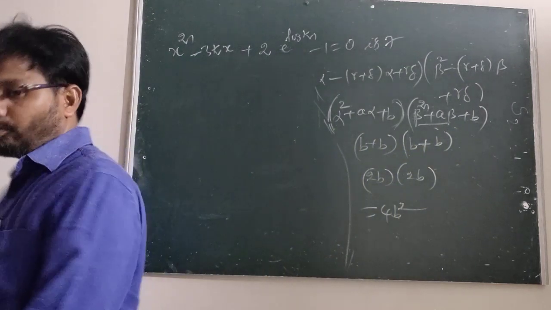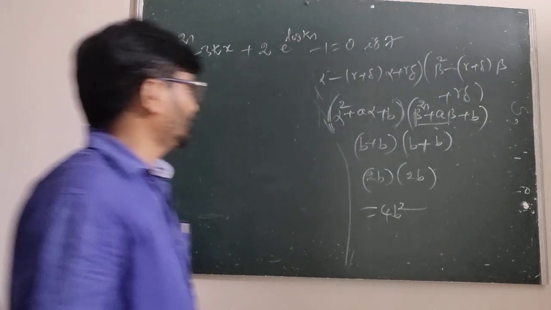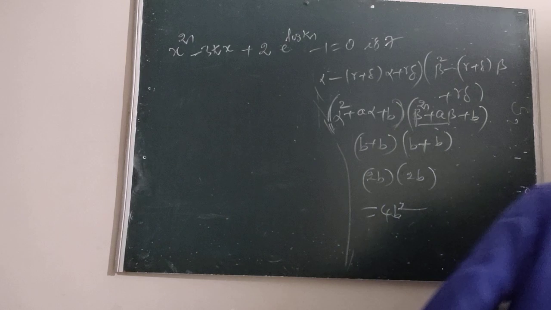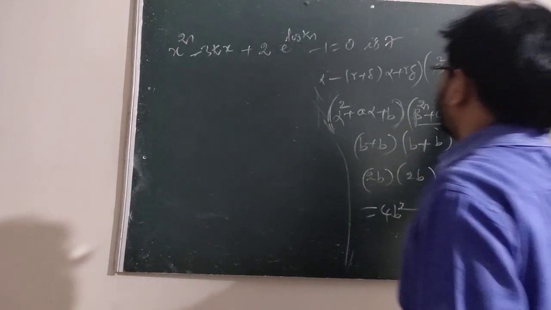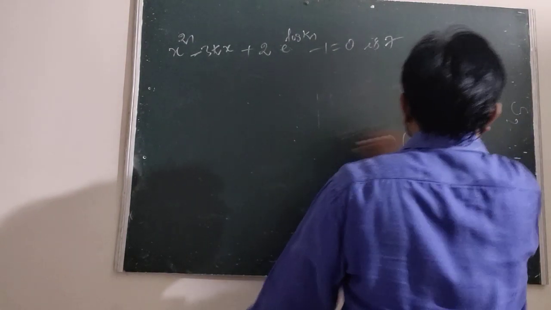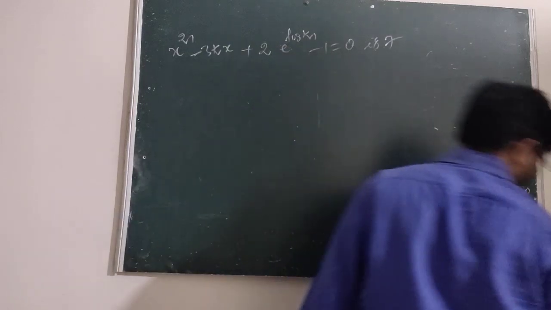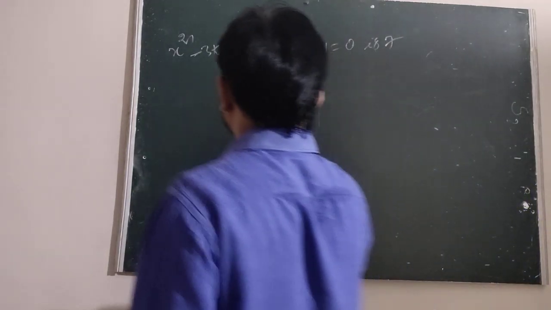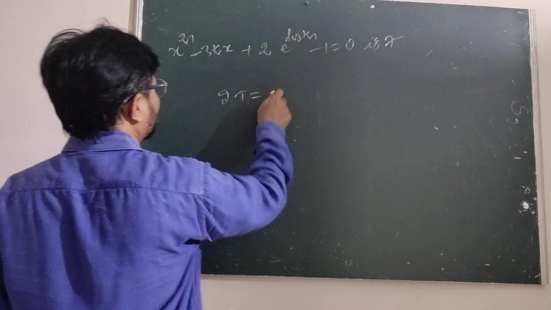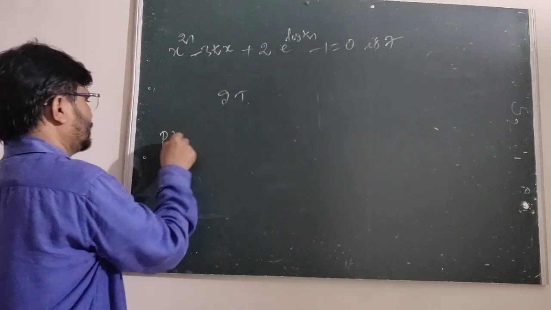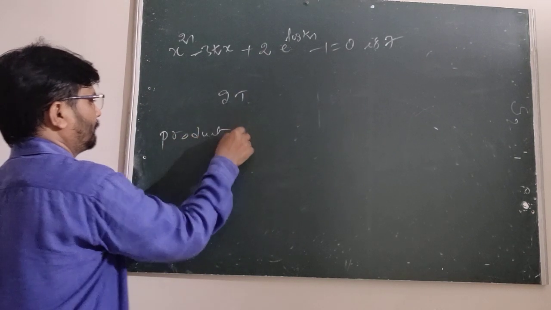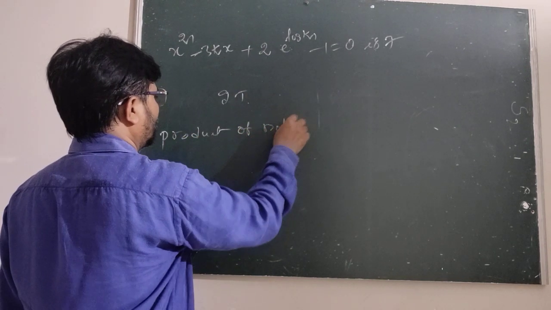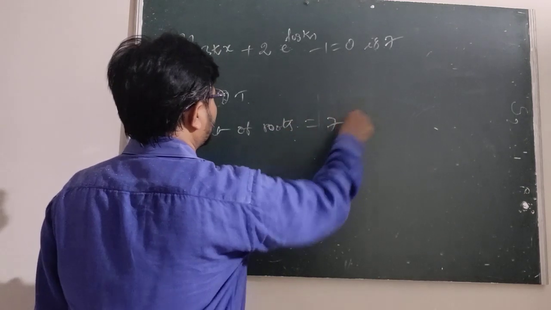Then the value of k. Product of the roots of the equation is 7, then the value of k. Given that the product of the roots is 7.